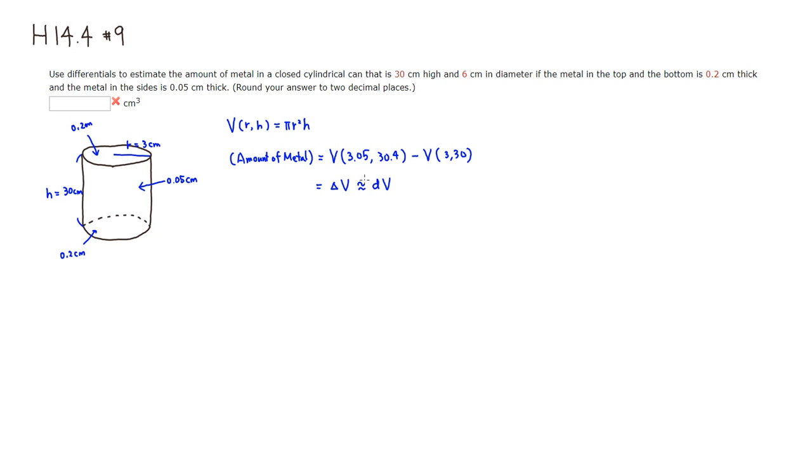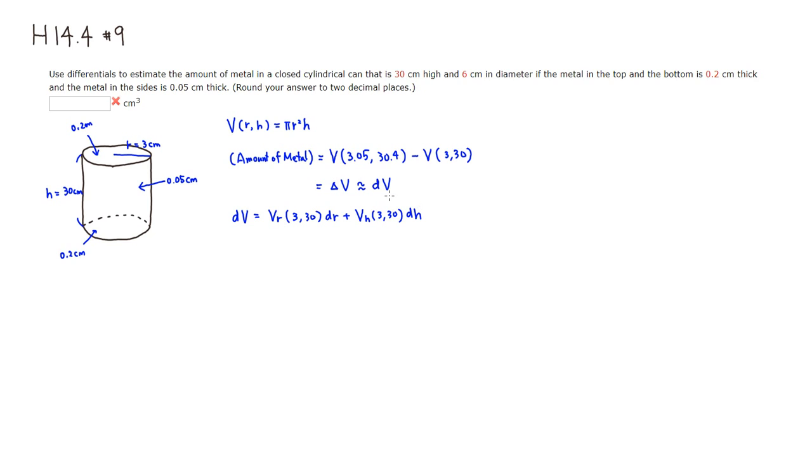So first we have to find dV. dV is equal to the partial of V with respect to R, evaluated at the radius of 3 centimeters and height 30, multiplied by dr, plus the partial derivative of V with respect to height H, evaluated at (3, 30), multiplied by dH.